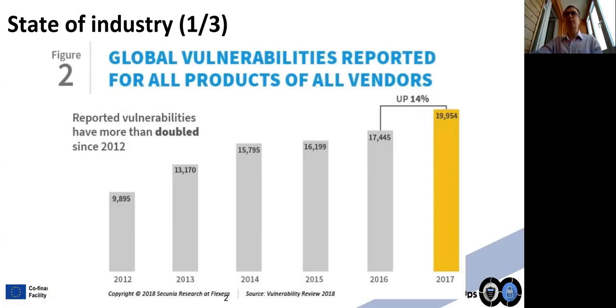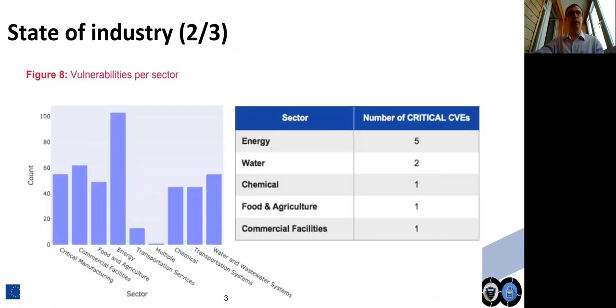So it represents a lot of potential vectors for attacks on our systems that can cause damage and harm to end users. And as we can see, many different sectors have been affected, like critical manufacturing, commercial facilities, and energy, which are very much affected.